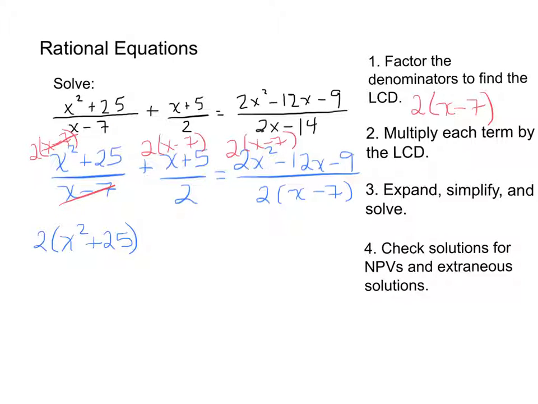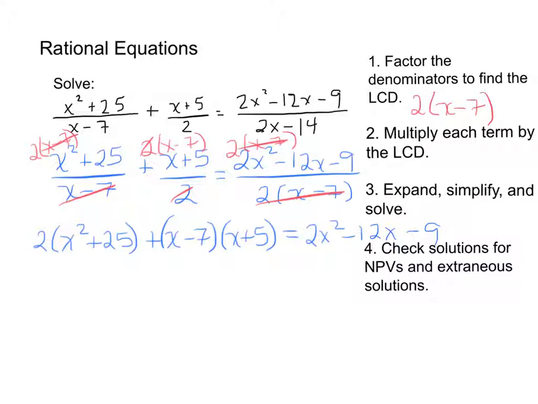The second one, the 2 will cancel out, so we have plus x minus 7 times x plus 5, and then equals, and in the last one the whole denominator cancels out, and so the numerator just stays the same, 2x squared minus 12x minus 9.